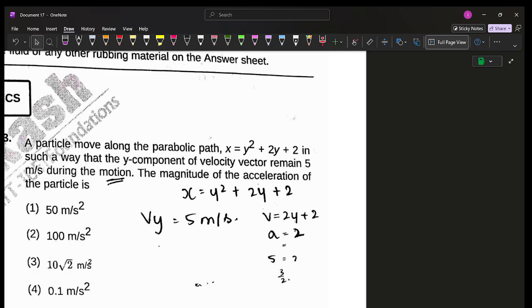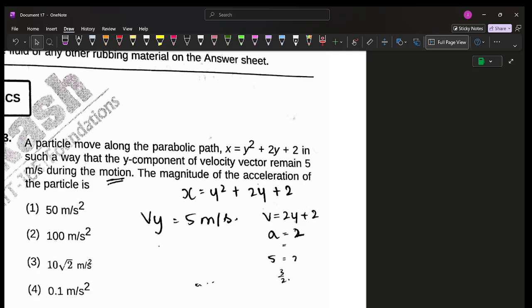So it's basically the path that relates x with y, but velocity and acceleration involve time. So you need to introduce time by differentiating it. Okay, cool. Moving on.